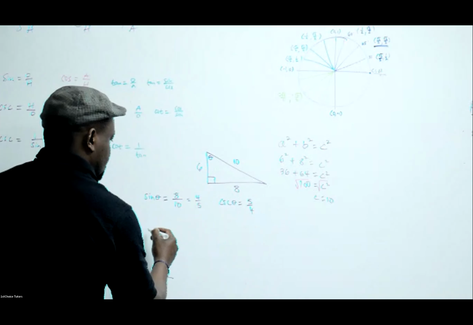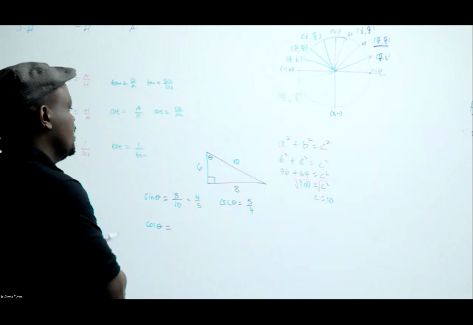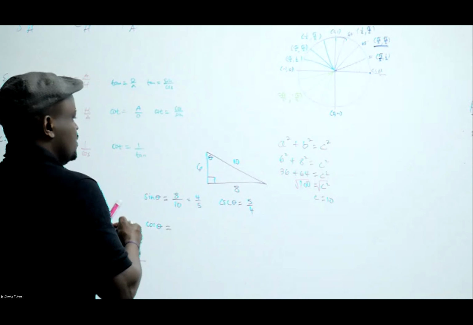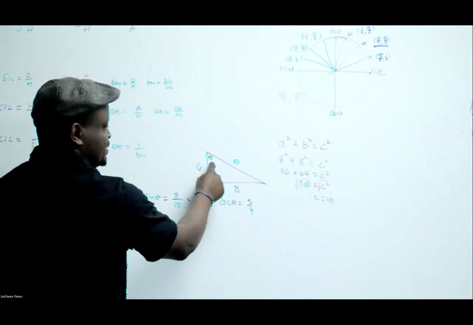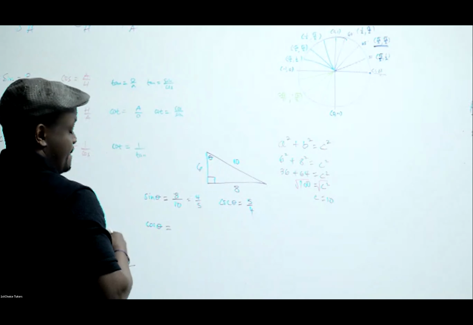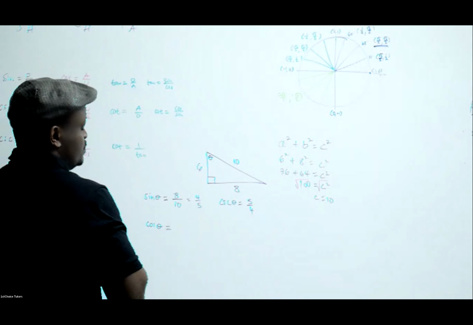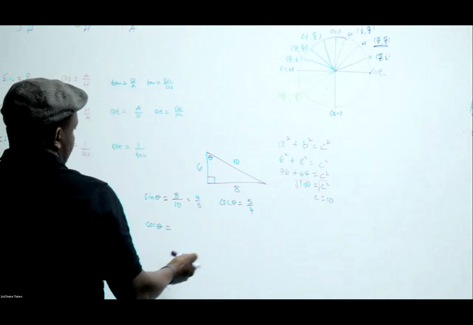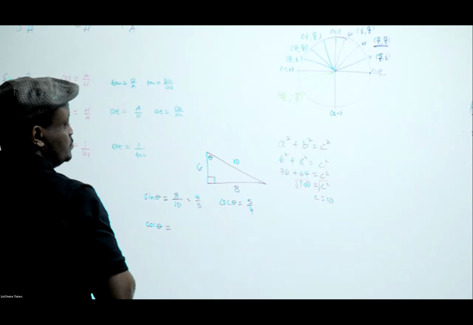So we go to the next one, which is cosine theta. Okay, cosine is adjacent over hypotenuse. Looking at theta once again, it's always based on the angle. So what is adjacent to theta? Wait, sorry, I just had to write that down. Can you say that again? Sure. Cosine is defined as adjacent over hypotenuse. So here's theta. What is adjacent to it? 6.